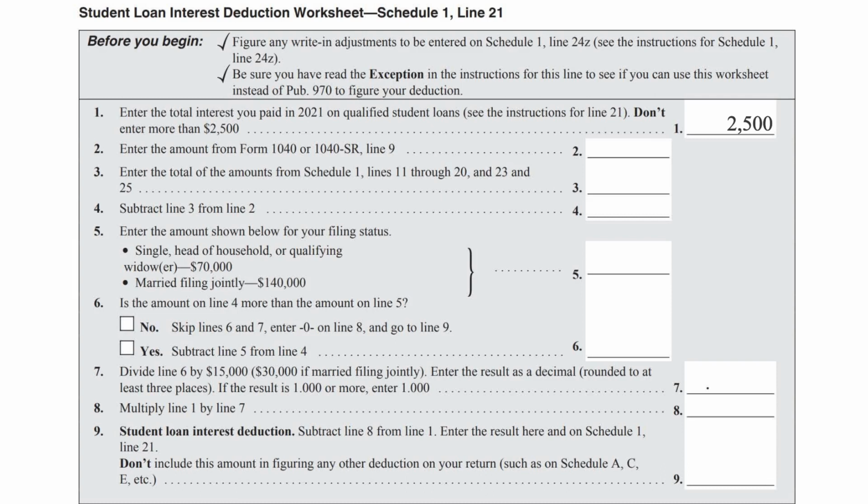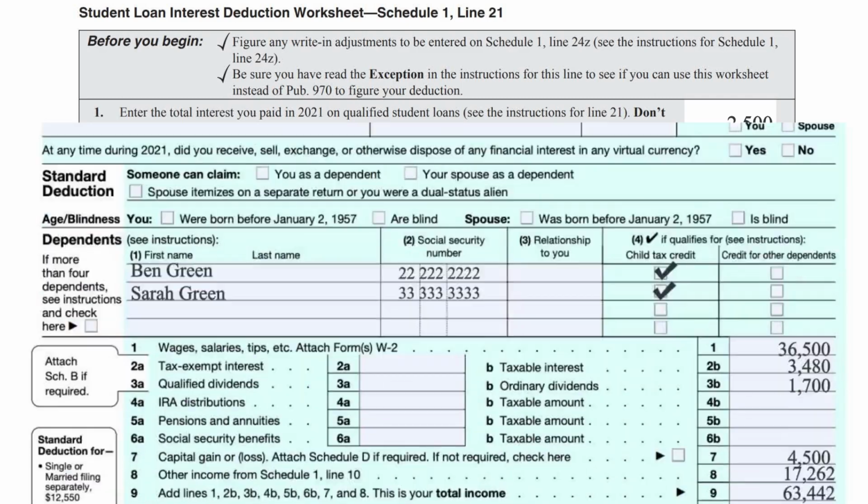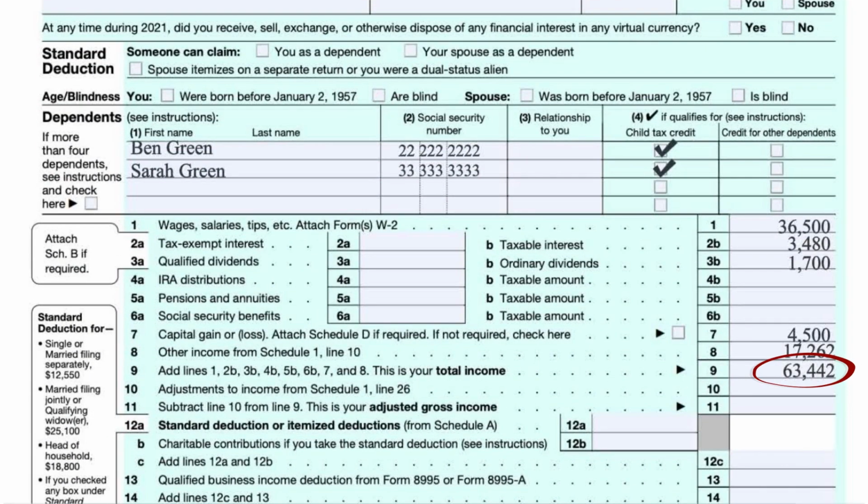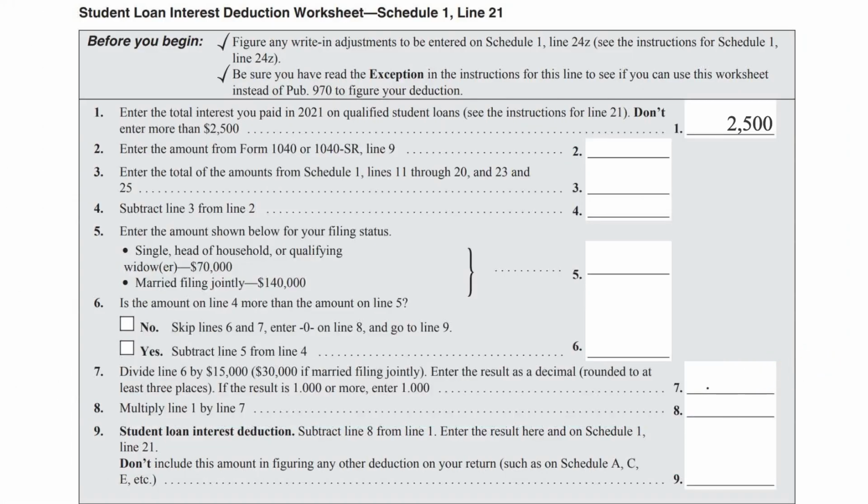Line 2 of the worksheet asks for the amount from Form 1040, line 9. We'll go back to Emily's Form 1040, find how much she has entered on line 9, and enter it here. Line 3 asks for the total amount from Part 2 of Schedule 1, which is $779.